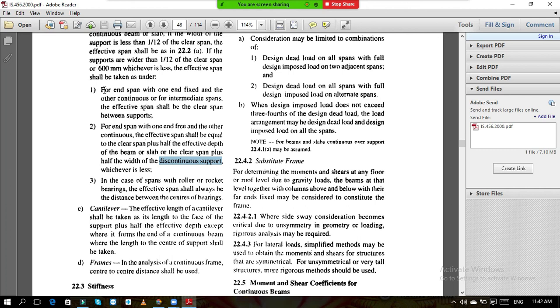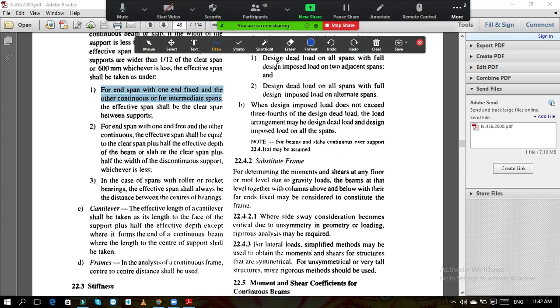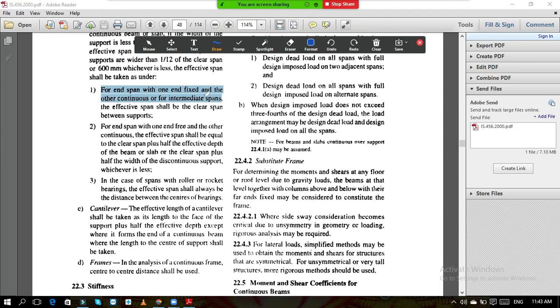Now here you can see for the end span with one end fixed and the other continuous, or for intermediate spans, the effective span shall be taken as clear span between the supports. So here if you see, it is given clearly what you should consider.